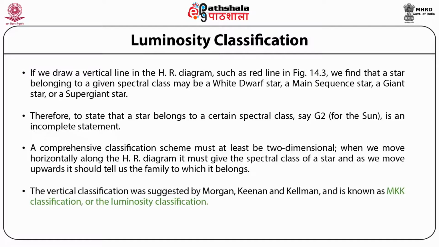The vertical classification was suggested by Morgan, Keenan, and Kellman and is therefore known as MKK classification. Another name is the luminosity classification. The figure on this luminosity classification is shown below on the next slide. Incidentally, the figure in our previous module also shows this classification.